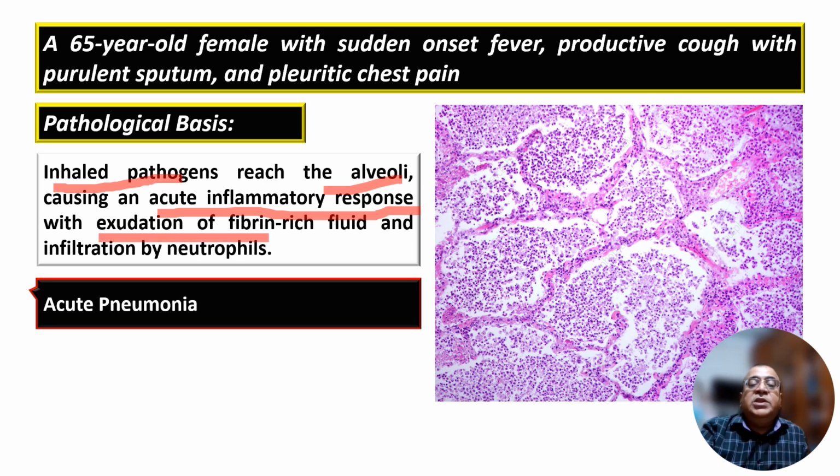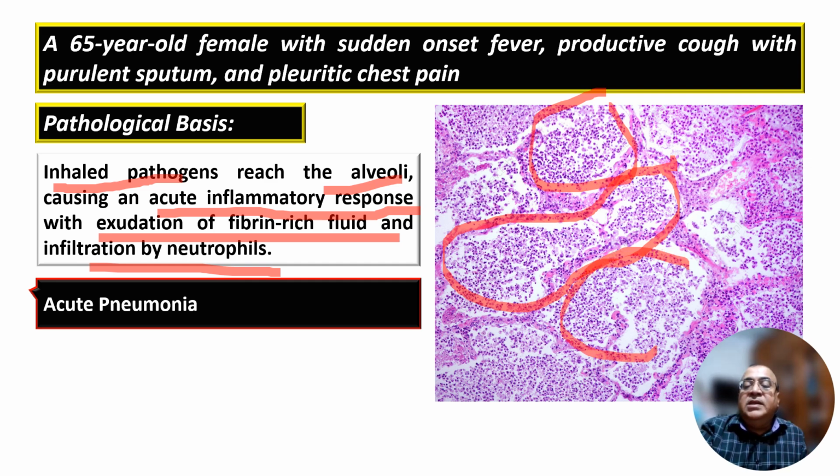There is exudation of fibrin-rich fluid and infiltration by the neutrophil as evident by this picture. There is dense exudate that is present, and there is inflammatory debris with heavy content of the neutrophil that is infiltrated or reached to this site. The condition is termed as acute pneumonia.